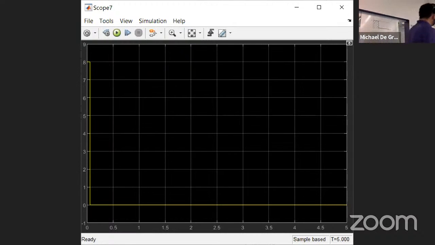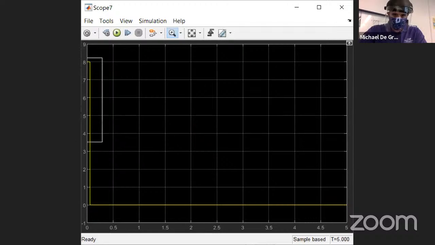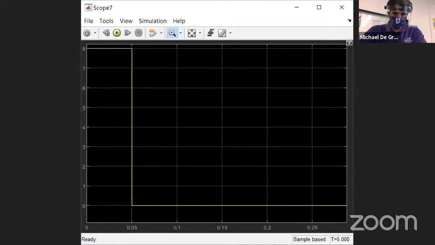The time scale is 5 seconds, so it's difficult to see, but I could always use my zoom tool and pull in. And look, it's at 8 until we get to 0.05, and then it turns off, which is what we wanted. So you can always check your signals and make sure they're doing what you want them to do. Yeah, well, that's great. But why don't we check out what's actually happening to this system?